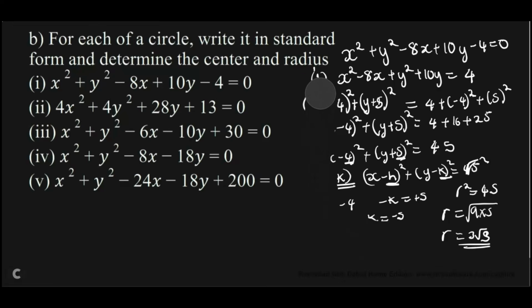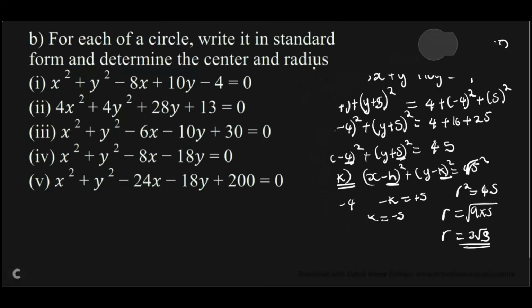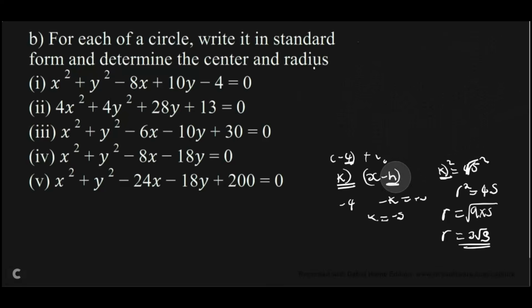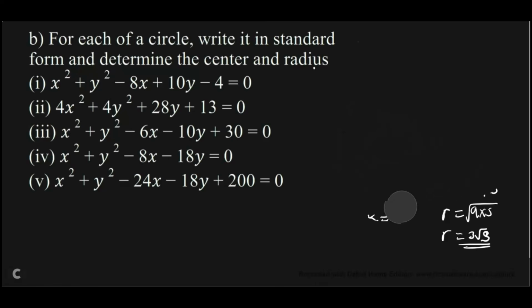Let's go to the second question. On the second question, you have been given 4x squared plus 4y squared plus 28y plus 13.